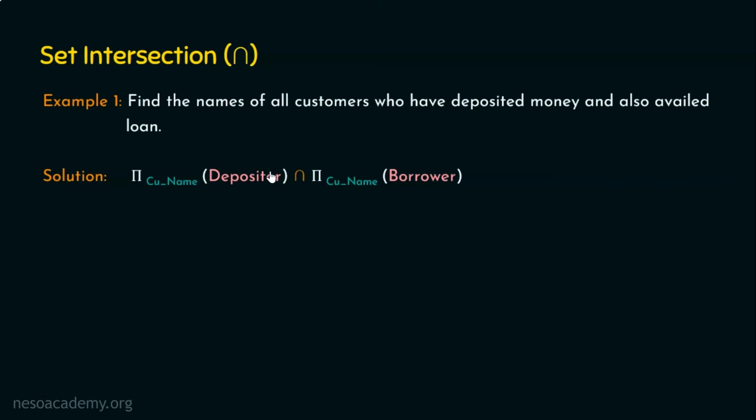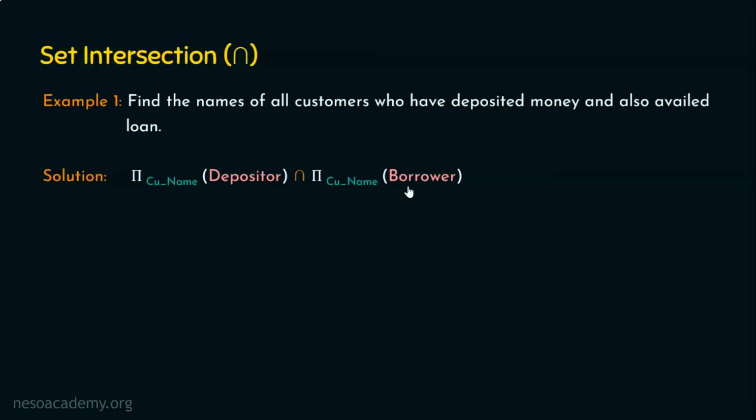So here we will be getting a temporary relation which contains only one column, which is customer name. So all the customer names from the depositor relation will be listed here. So all the customers who have deposited money in the bank will be listed here. And coming to this side, we will be getting the list of all customers who have availed the loan. So here we will be getting all the customer names who have availed the loan.